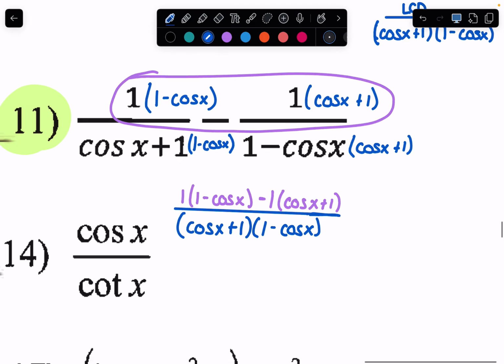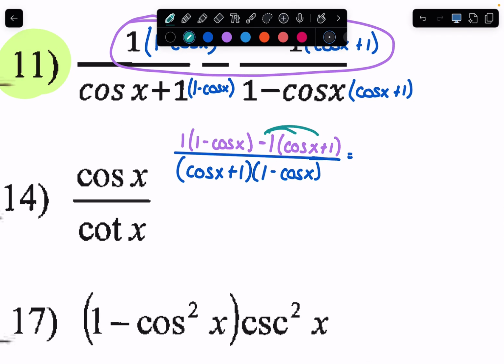Okay, so that was me smushing it together, right? I'm going to distribute that -1 through, so I get 1 minus cosine x minus cosine minus 1. Yep. All over that common denominator.